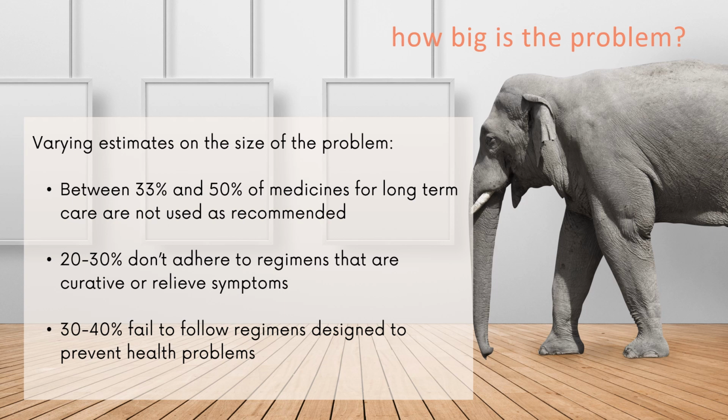So how big is the problem of medication non-adherence? Between 33 and 50% of medicines for long-term conditions are not used as recommended. 20 to 30% do not adhere to regimens that are curative or relieve symptoms, and 30 to 40% fail to follow regimens designed to prevent health problems.